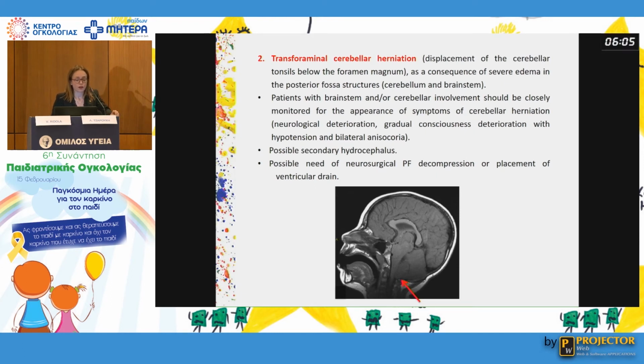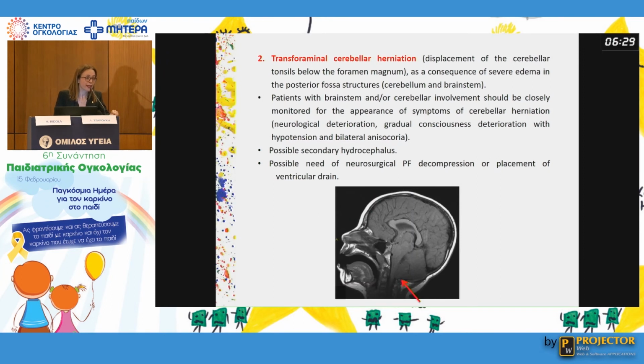So, when the brainstem or the cerebellum are involved in the PRES syndrome, the patient should be closely monitored for symptoms of cerebellar herniation, such as gradual consciousness deterioration with hypotension and bilateral anisocoria.